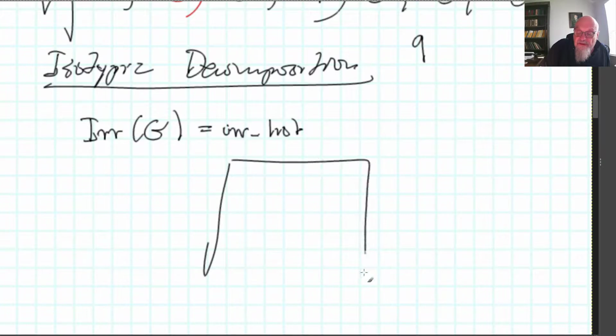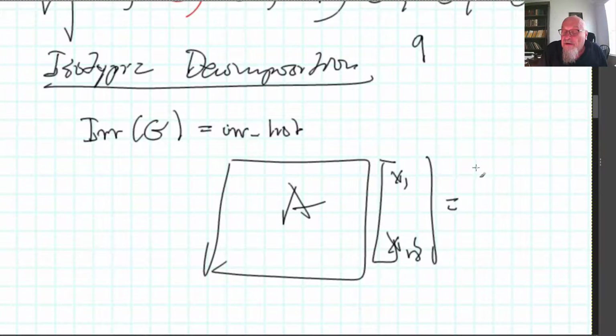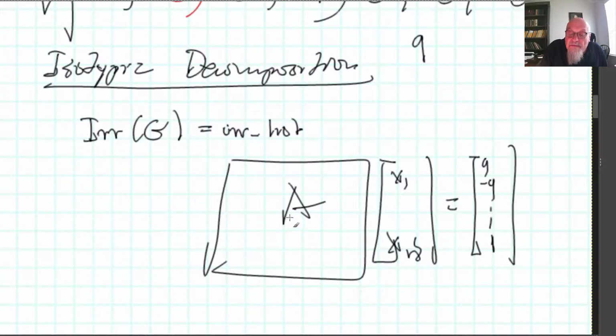You can think about this matrix. This is my x1, this is my x, in our case 18. And this one is equal to our vector that we just computed. So this will be 9 minus 9, etc. So those are the irreducible representations.